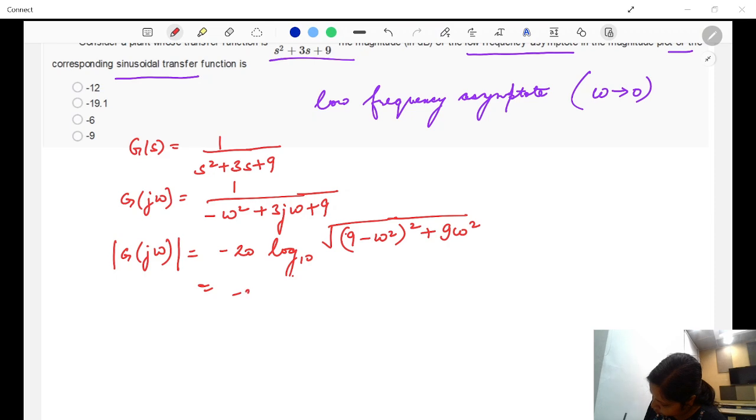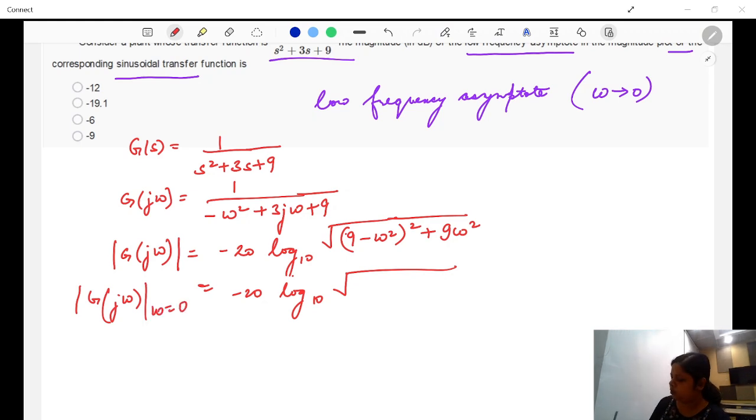So it would be minus 20 log 10 of square root of, just a second, omega is equal to 0. Okay. So it would just be 81, right? Minus 20 log 9. What is the value that you get?